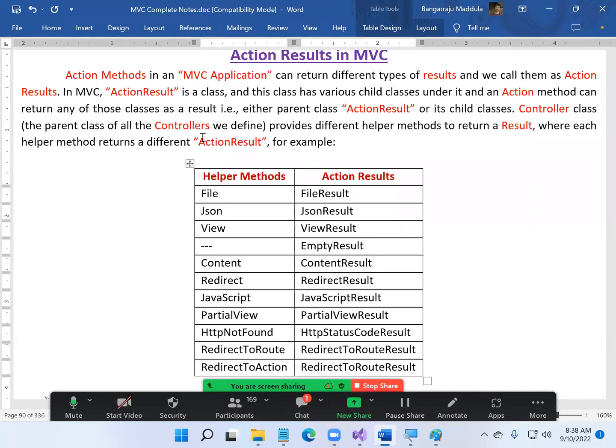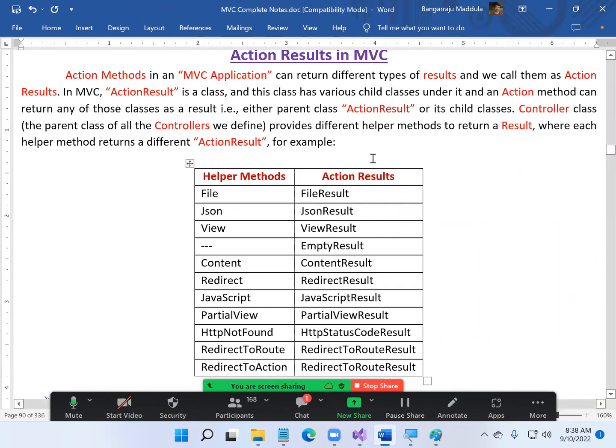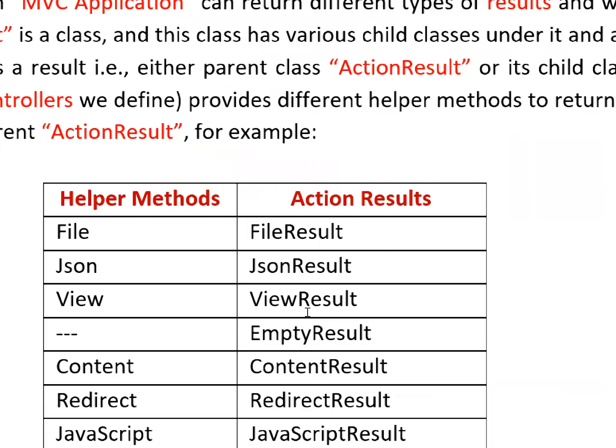That is either the parent class action result or the child classes. The controller class, the parent class of all the controllers we define, provides different helper methods to return a result, where each helper method returns a different action result. You already know about these helper methods, yes or not? We already talked about all the helper methods.